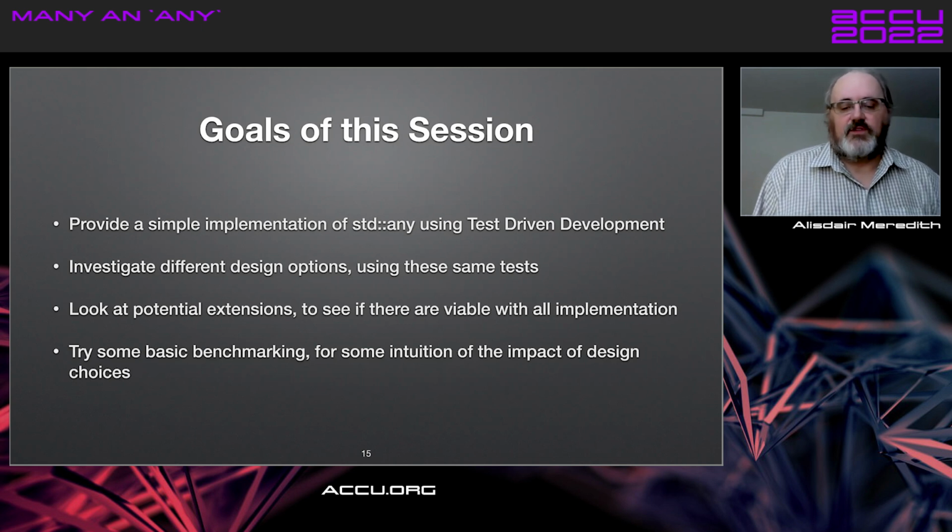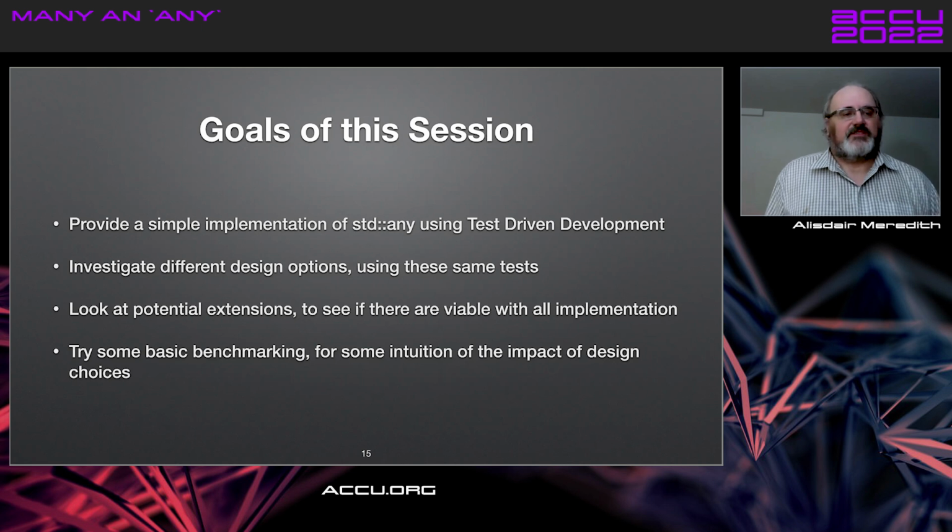I have no news that WG21, the ISO working group, would be at all interested in any of these extensions, but it's half the joy of implementing standard library features that you get to play around and have a better sense of the design space once you come out the other end. As I say, the goal was to have some benchmarking, to have an intuition of how the different aspects of the design played off.